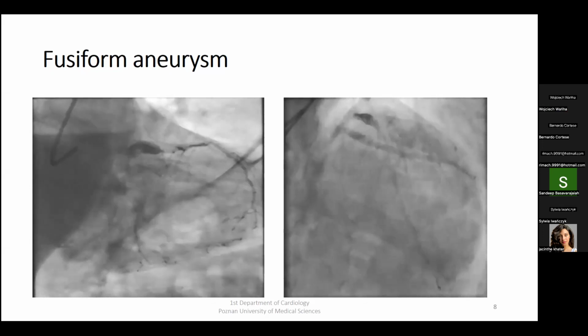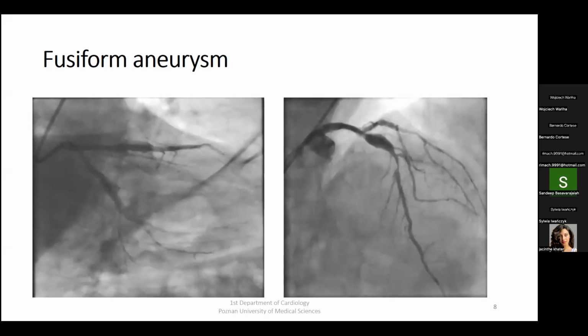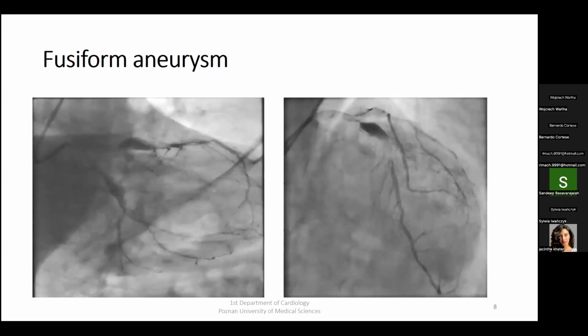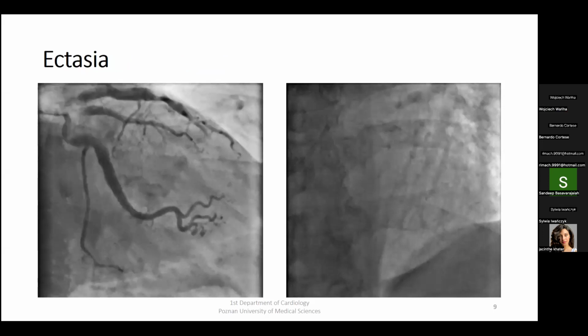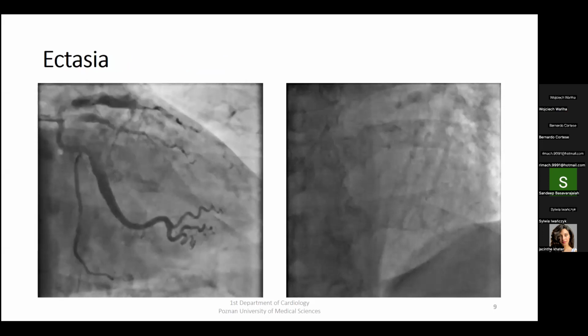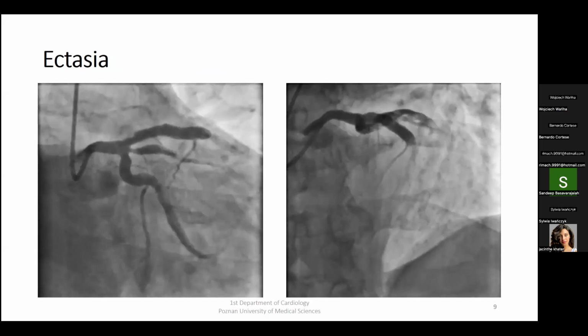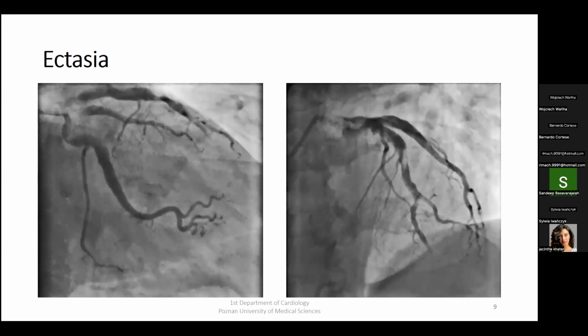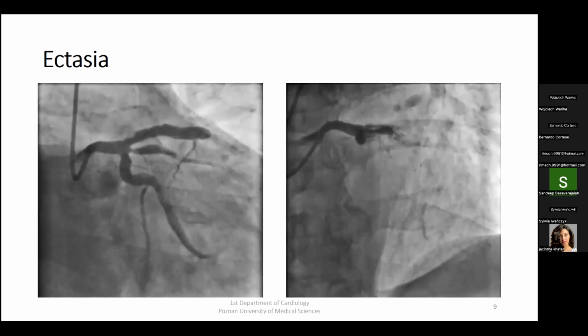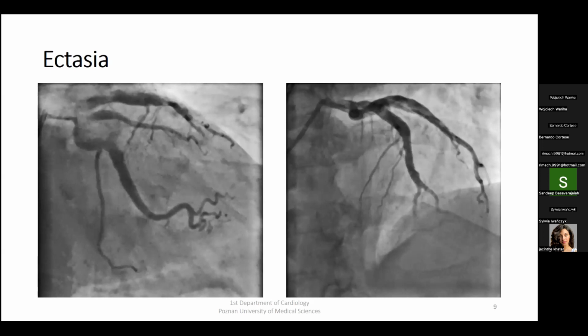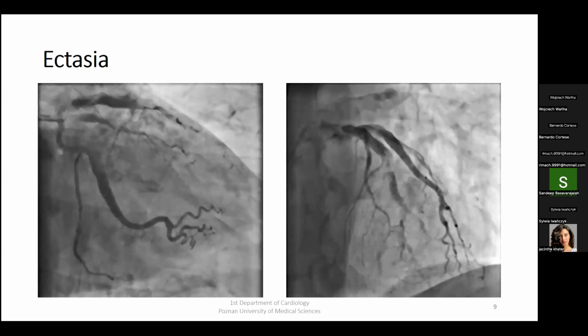This is, of course, one of the risk factors of thrombosis inside. And this is ectasia of the whole left coronary artery. And there is also slow flow. And we can see that the risk of thrombosis in this type of arteries is also increased.